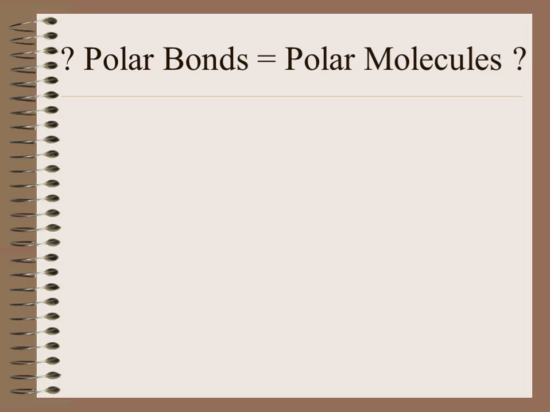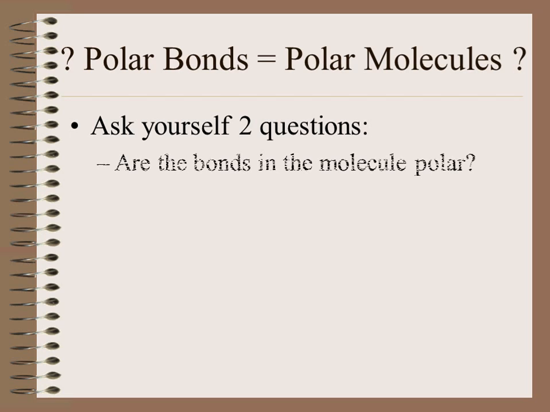So just because a molecule contains polar bonds, does that necessarily make that molecule polar? You have to ask yourself two questions and consider a couple of different things. First of all, you can't have a polar molecule unless, yes, there are polar bonds present. So that's a given. If your bonds aren't polar, then there's no way the molecule is going to be polar.